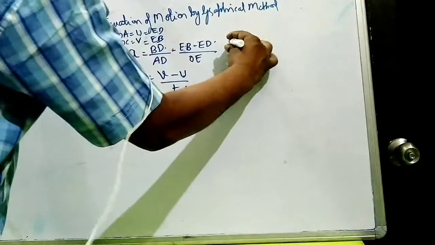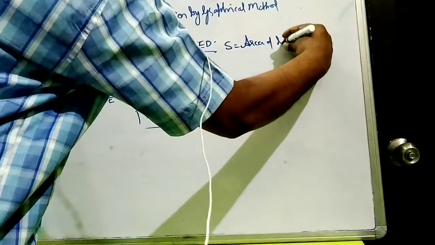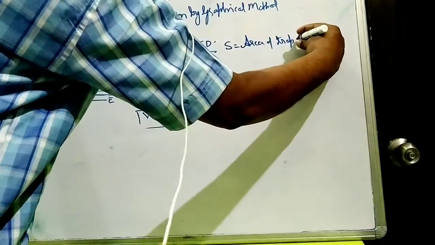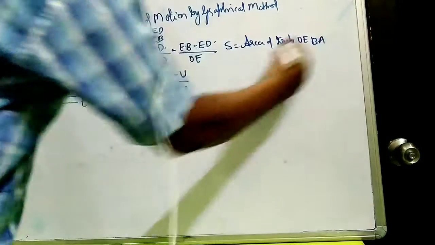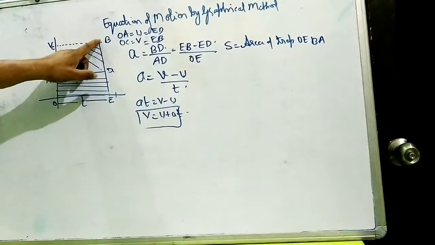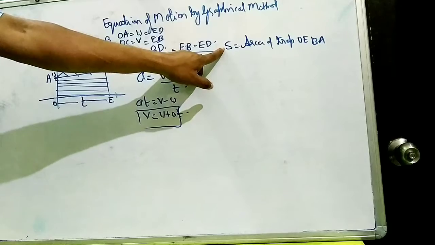So S is equal to area of trapezium. Which trapezium? OEBA. That will represent the area covered in a velocity time graph, which always represents a displacement.